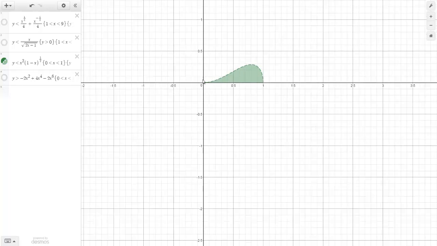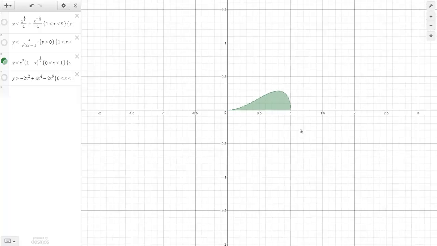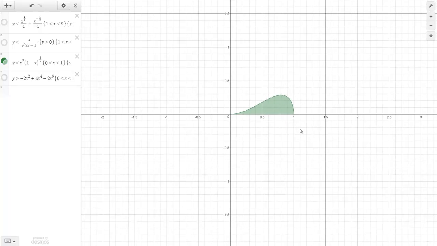So the function was non-negative over 0 to 1, and so the interpretation of the definite integral was area. This green shaded area is the original definite integral we were trying to evaluate. But remember, we didn't have a good way to do that.